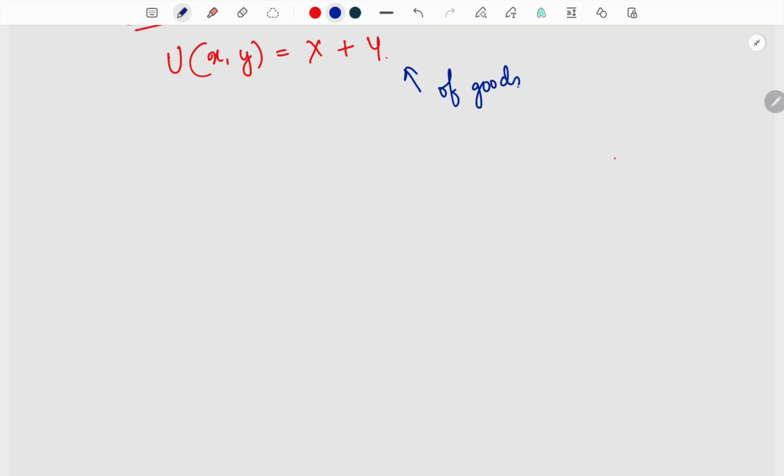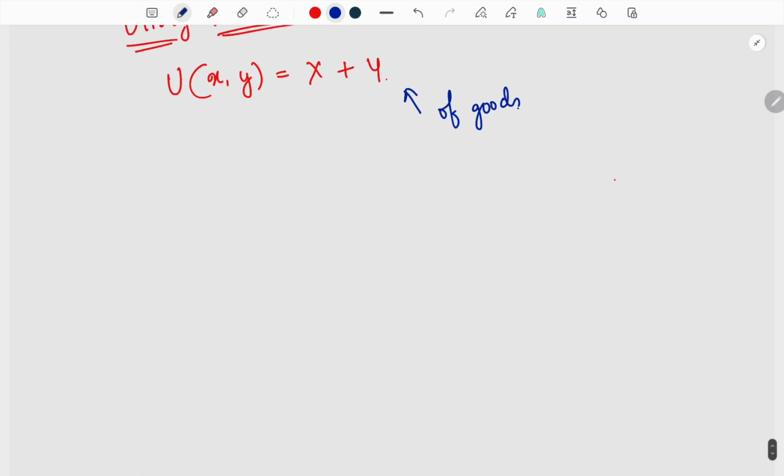Okay, suppose the person's utility is in terms of x plus y. I'm just taking a simple equation to explain the utility he gets from consuming good x and good y. Good y is also a good.